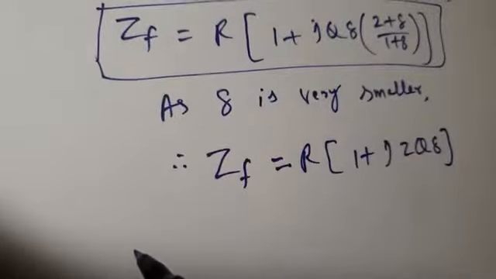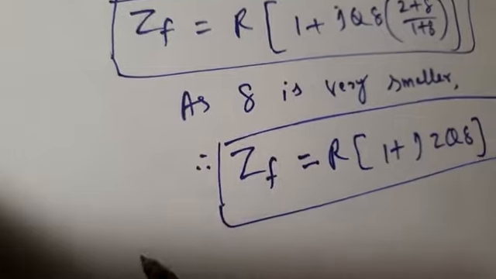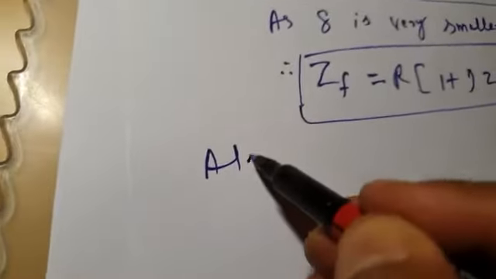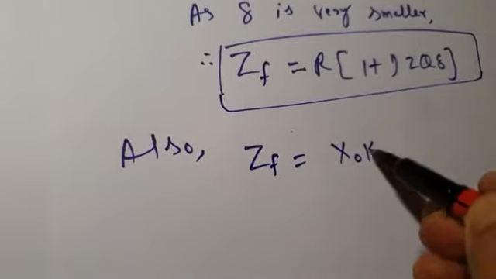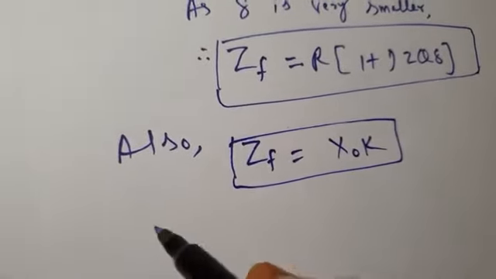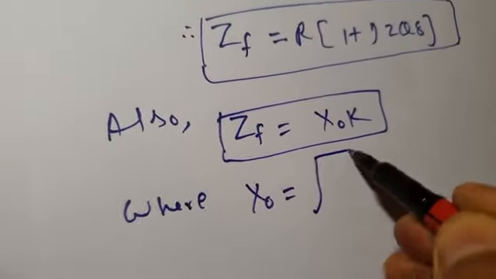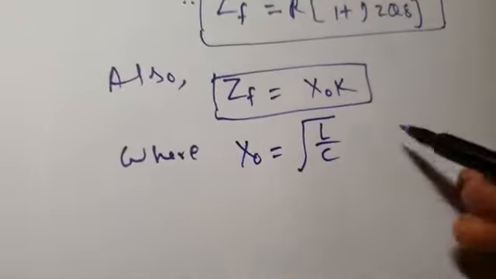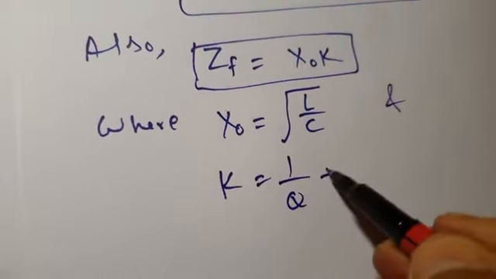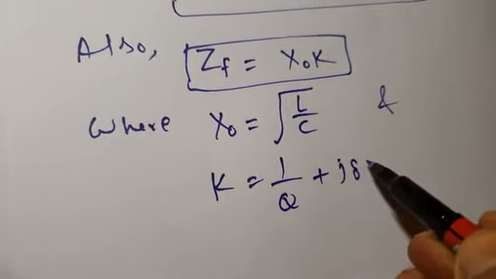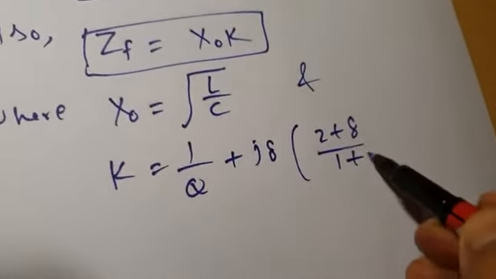Filter impedance can also be written as ZF equal to X naught K. This is another way of writing filter impedance, where X naught is equal to the square root of L by C, and K is equal to 1 by Q plus J delta times 2 plus delta divided by 1 plus delta.